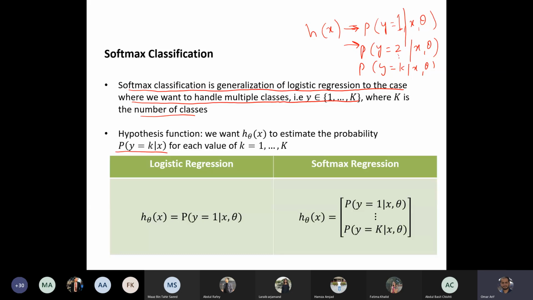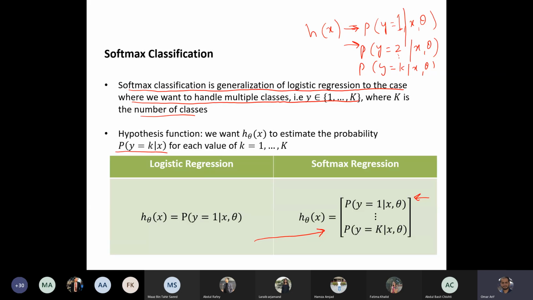So we want to have k predictions, 1 for each class. We want a vector, so the hypothesis output is a vector. Each element of that vector is the probability that the input x belongs to that particular class. So this is basically softmax regression.